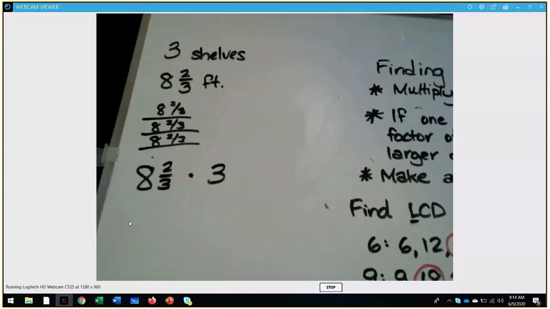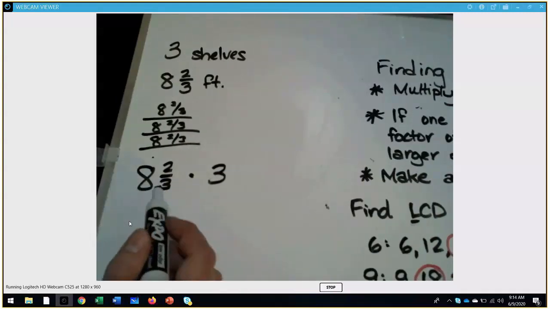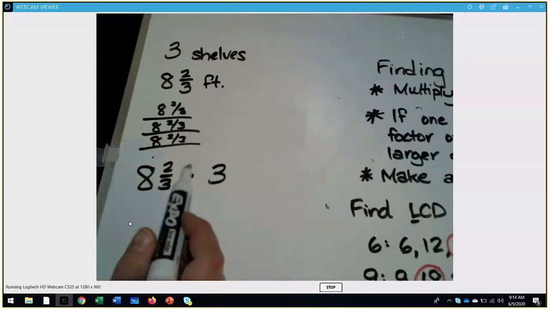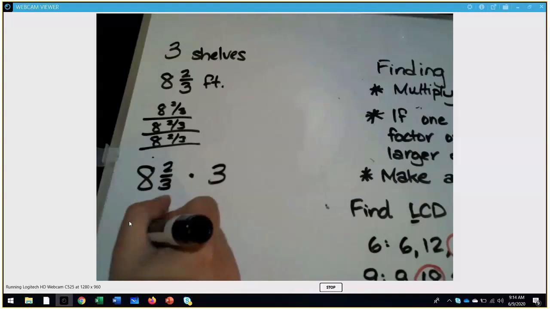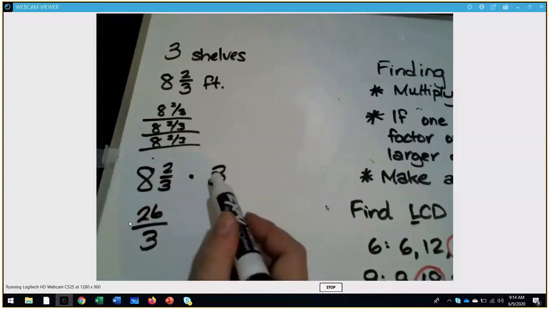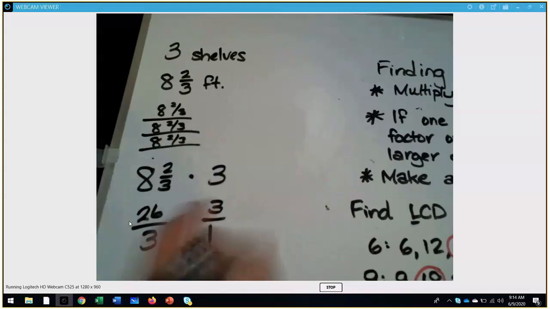All right. Convert your mixed number first. So 3 times 8 is 24, plus 2 is 26, over 3. Put your whole number over 1. Check your diagonals and anything else you see that simplifies. Since the 3's are the same, they cancel out.